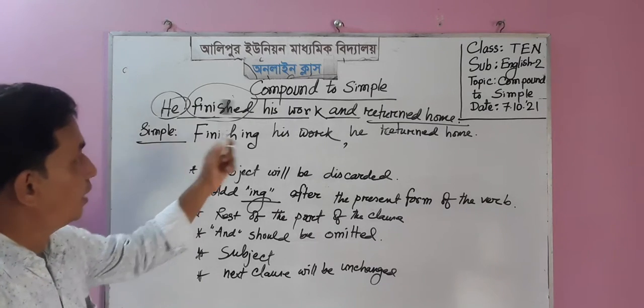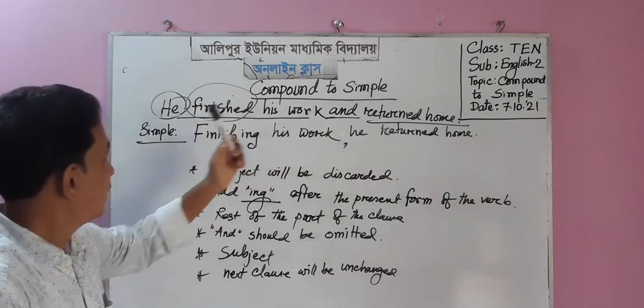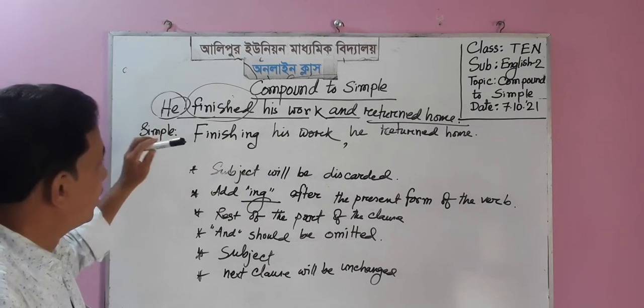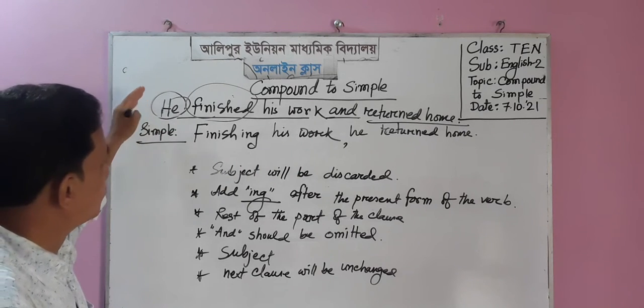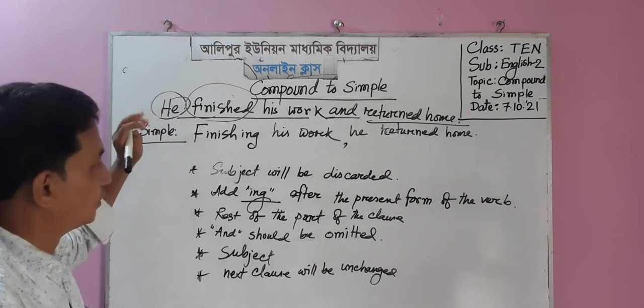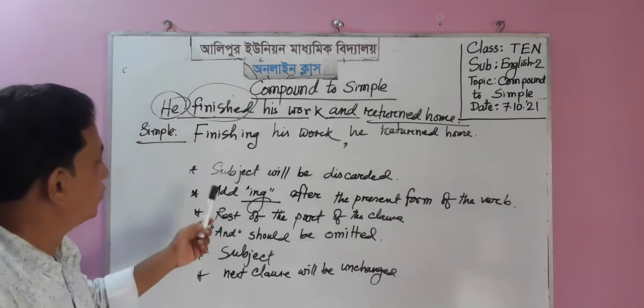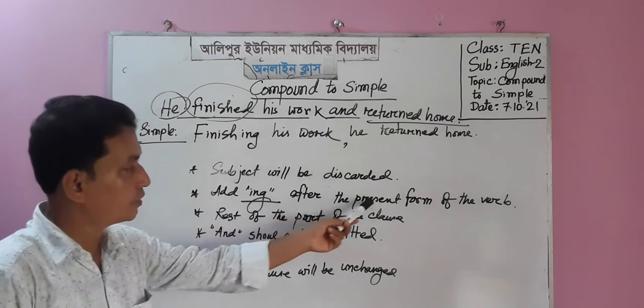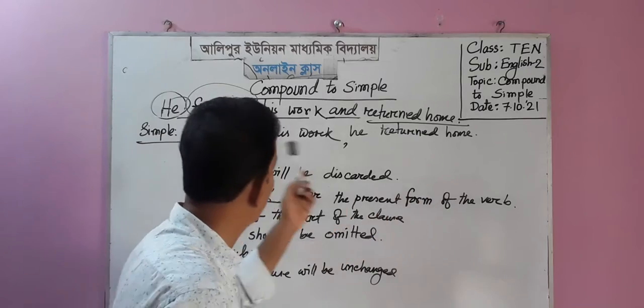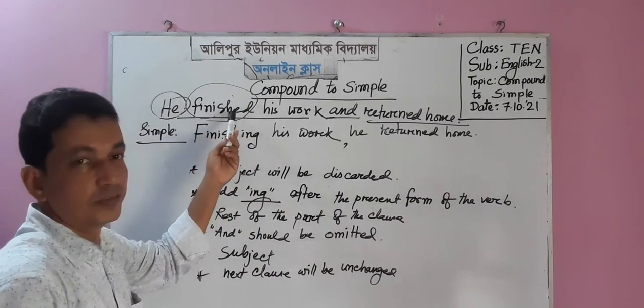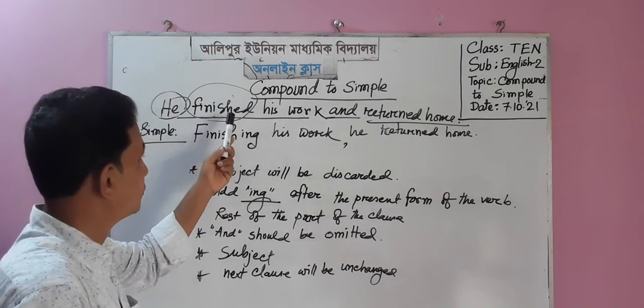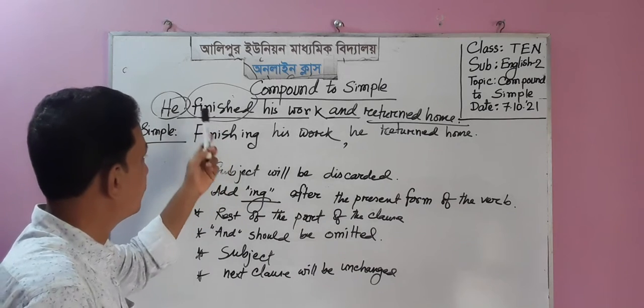At first we have to omit the first subject he, and then add ing after the present form of the verb. Finished is the main verb, and we have to change the main verb into present form.